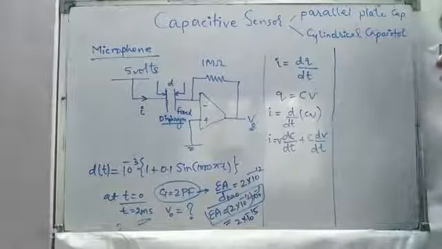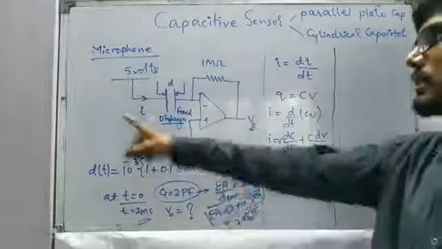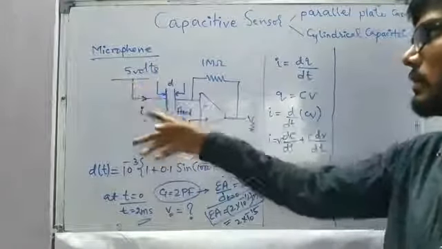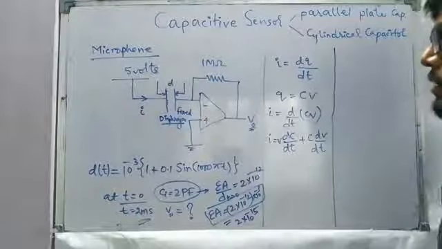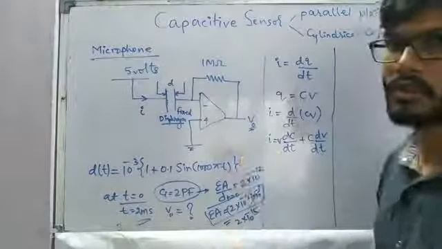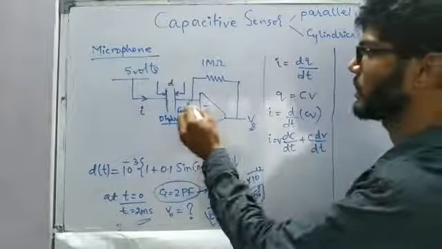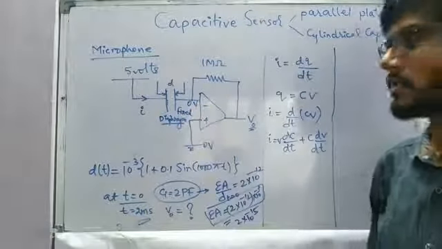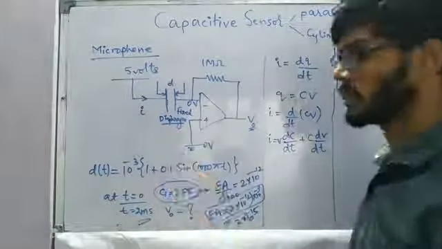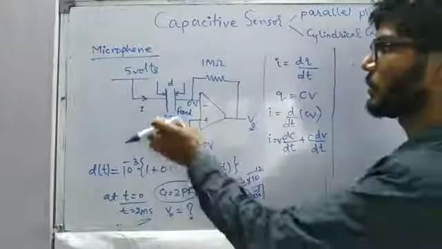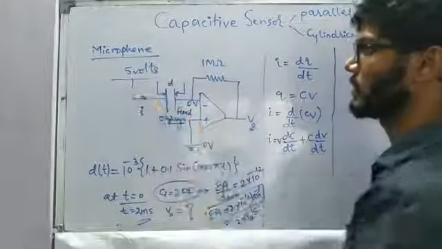Another important thing which we have to note is that the voltage across the capacitor is going to be constant, because due to the virtual ground concept of the operational amplifier, this is at 0 volt. So this other terminal is also going to be at 0 volt. So the voltage difference across the capacitor is going to be the same always. So this is 5 minus 0, 5 volt.